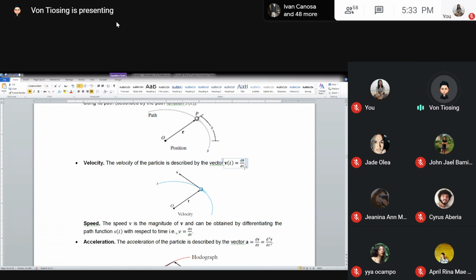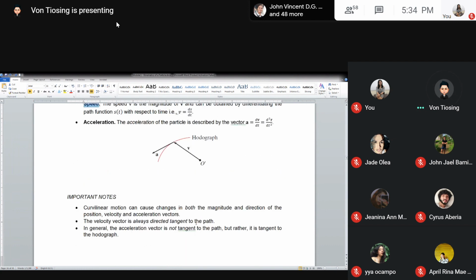Pag sinabing vector, meron siyang direction. Pero katulad nito, hindi siya naka-bold, so it is just a magnitude or simply a scalar quantity. Just like speed, this is a scalar.